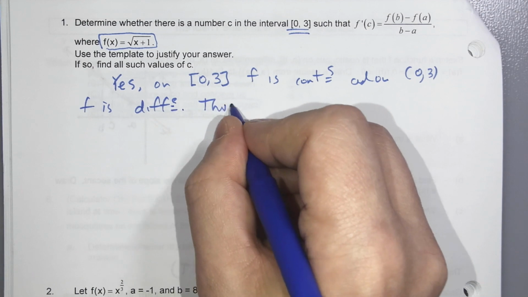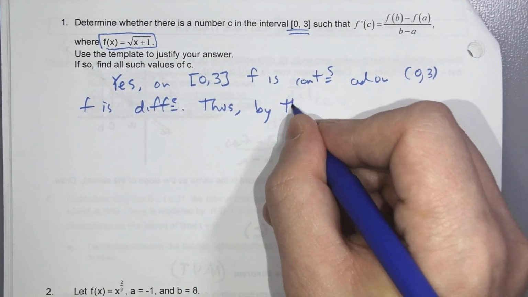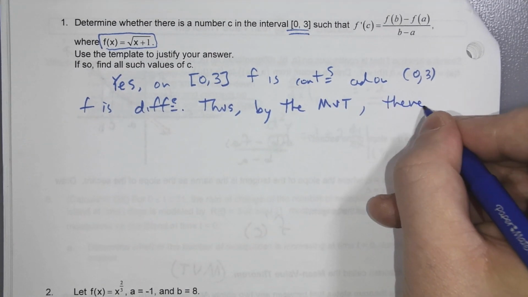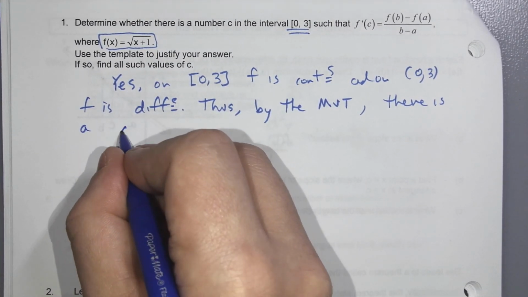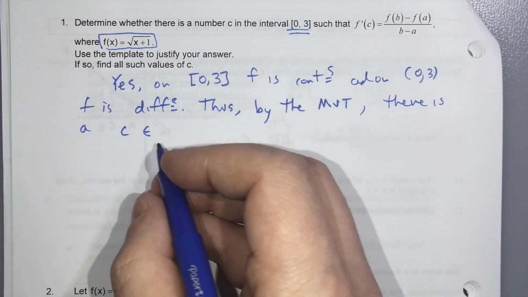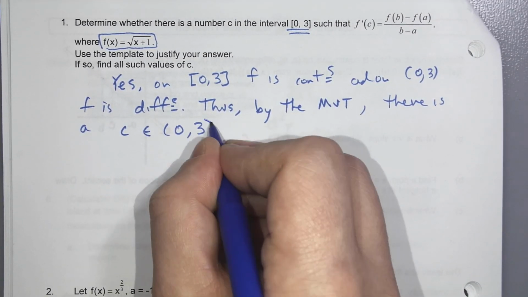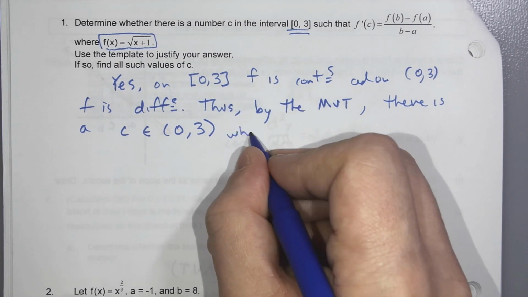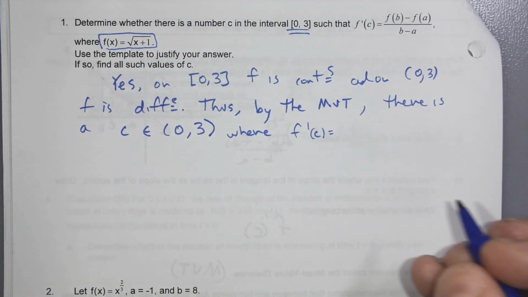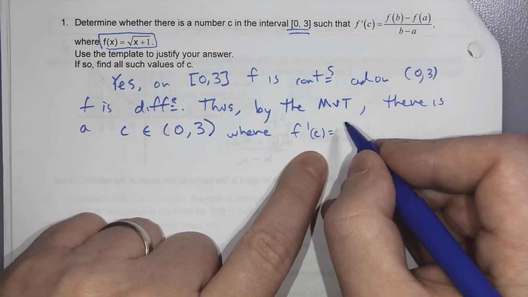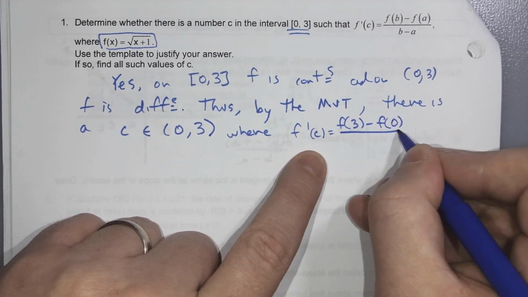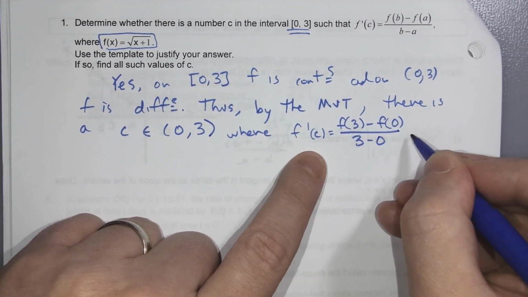Thus, by the mean value theorem, there is a special number c in the interval from 0 to 3 where f prime of c can be found to be equal to f of b minus f of a all over b minus a.